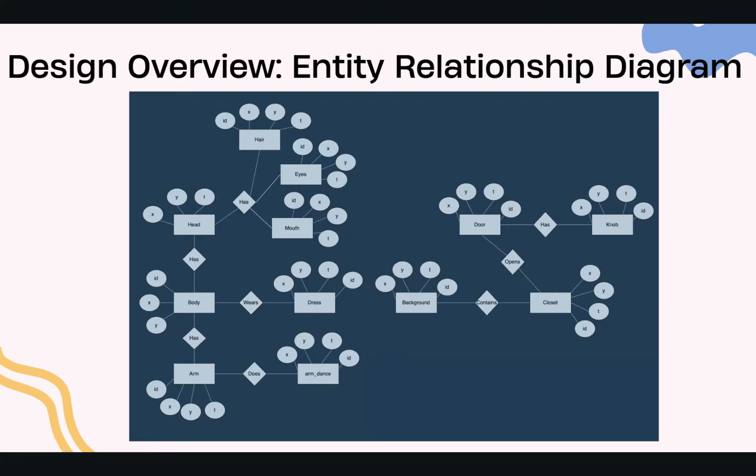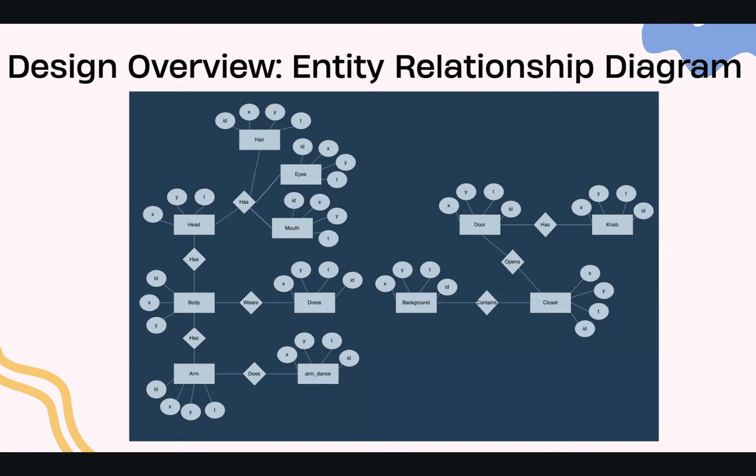And the body also has a one-to-one relationship with the dress, a one-to-one relationship right now since we don't have other outfits implemented yet, but it could also be a one-to-many relationship in a bigger system. And then it has a one-to-many relationship with the arms, and the arms have a many-to-many relationship with the arm dance.